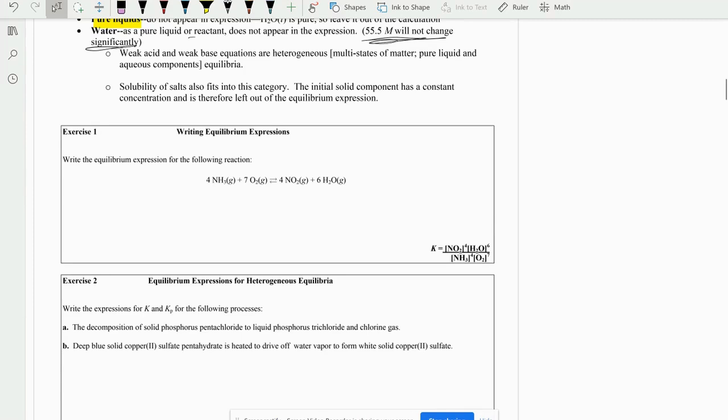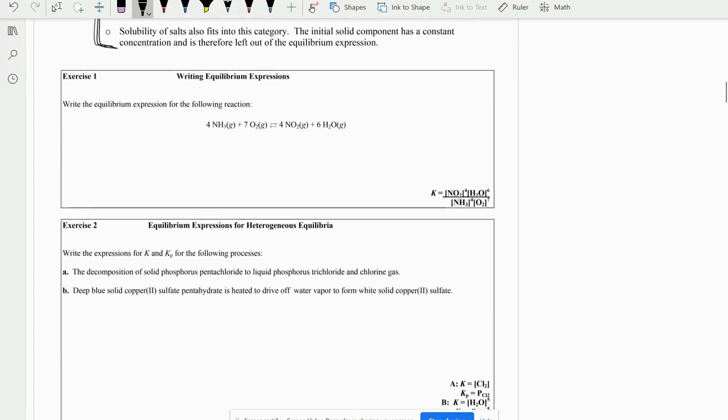And the solubility of salts are also going to fit into this category. Okay. The initial solid component has a constant concentration and is therefore left out of the equilibrium expression. So these are some additional factors that we need to consider when we're writing our equilibrium constant expressions. Okay, let's get some practice.